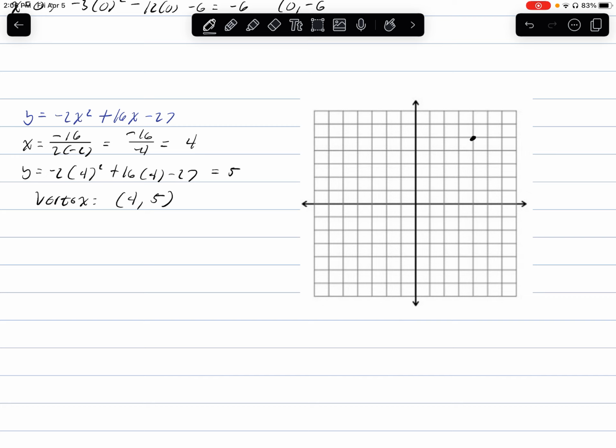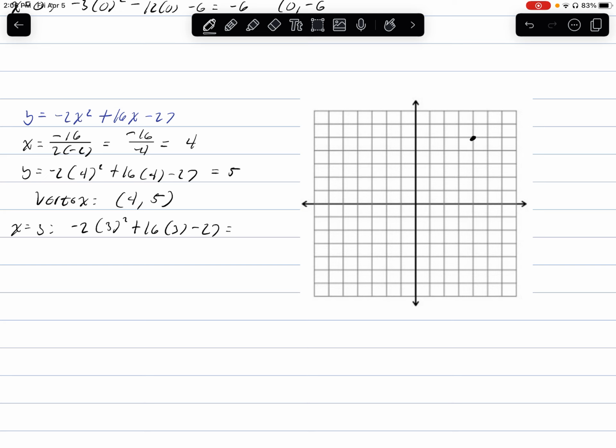Let's do 1 point to the left. Let's try x equals 3. So I have negative 2 times 3 squared plus 16 times 3 minus 27.